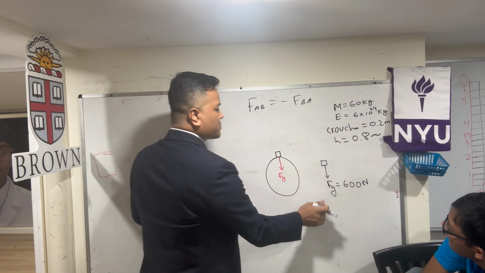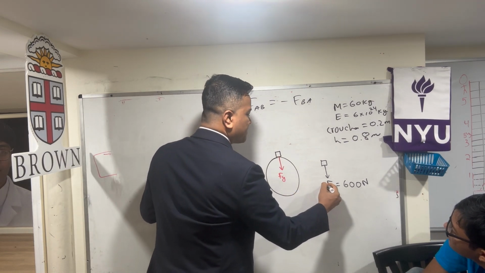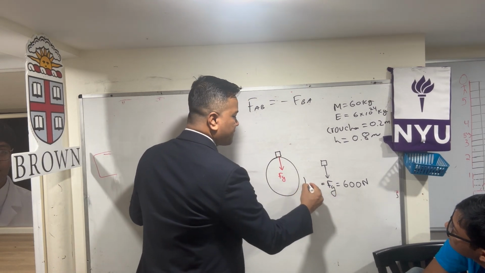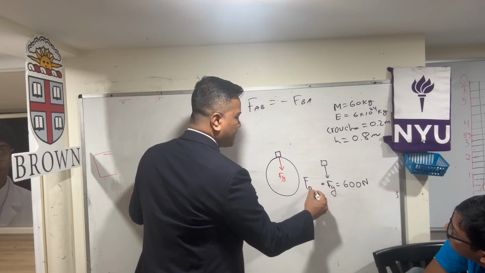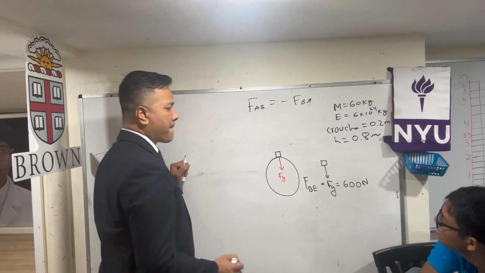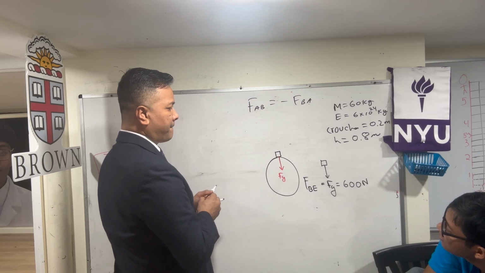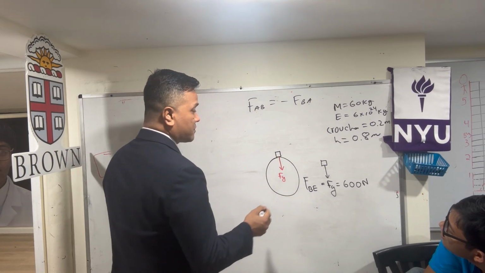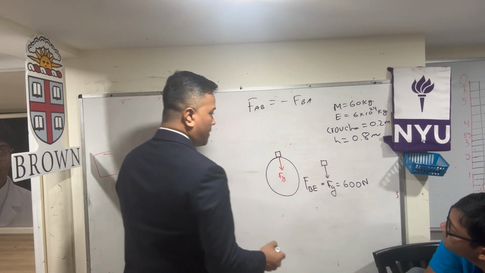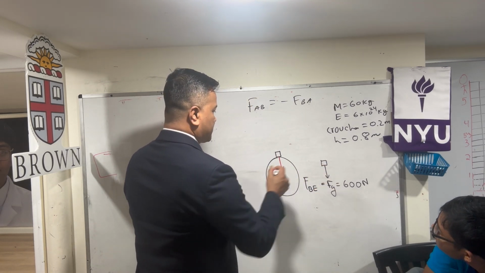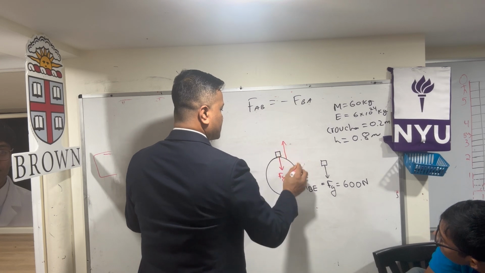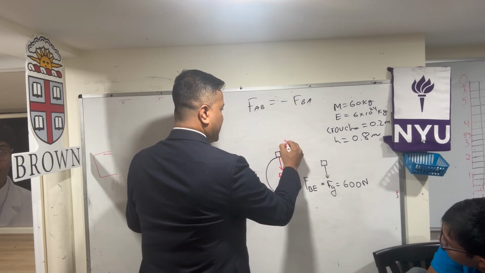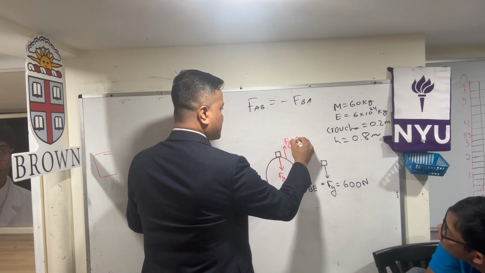What do you call this one instead of calling it Fg? Force on Bari by Earth. And similarly, there's an Fg exerted by Mr. Bari on the Earth. This is the gravitational force, and that is 600 newtons.